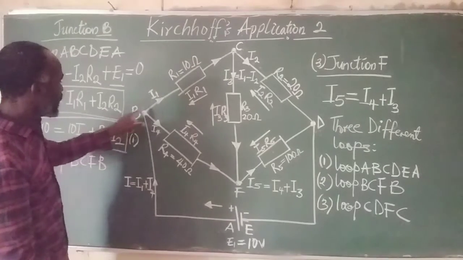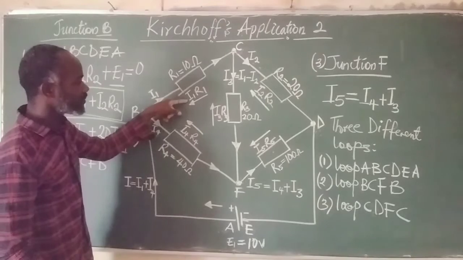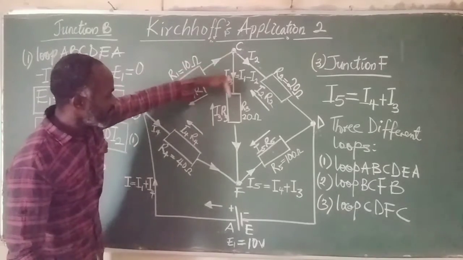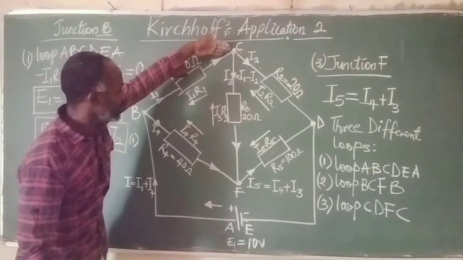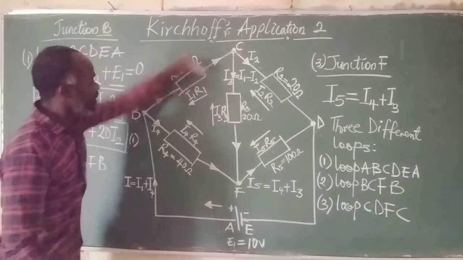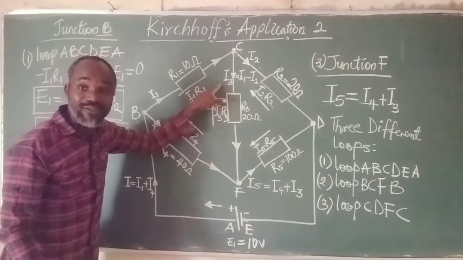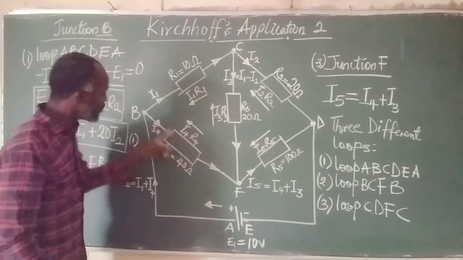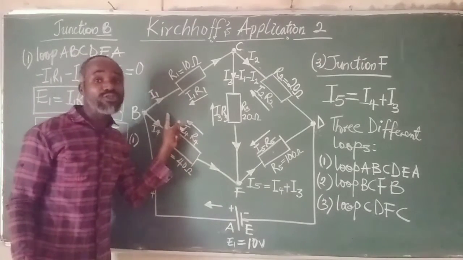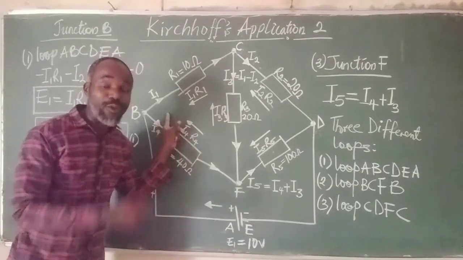So if we do that, also taking our direction, this is negative. Taking our direction again, look at this. BC, and FB, this is negative. This is also opposing our direction, so it's going to take a negative sign. We move down to this point, going this way. This is in our own direction. It does not oppose our direction, so it's going to assume positive.